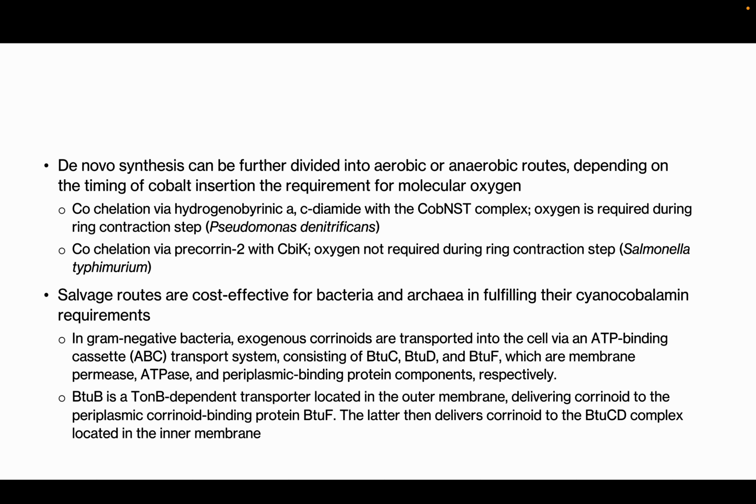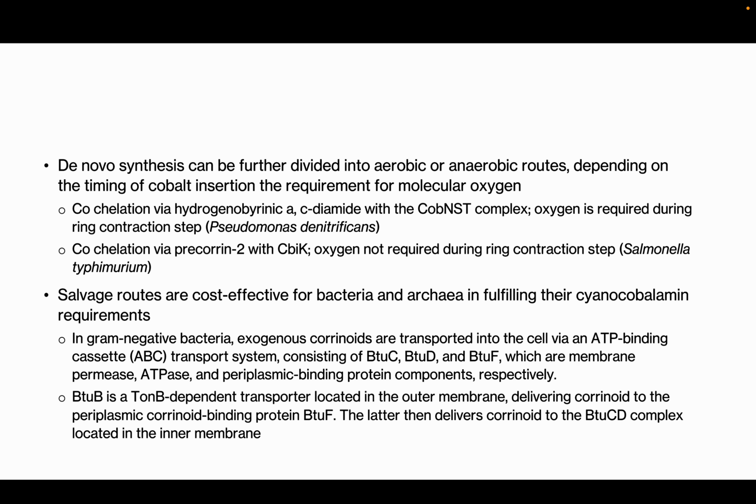Now, I've already shared a bit ago how salvage pathways are also utilized by bacteria in the synthesis of B12. It's a cost-effective pathway. For both bacteria and archaea, it's very time and energy saving. In gram-negative bacteria, the corinoids from the environment can be translocated into the cell via ATP-binding cassette systems, the ABC transport system.